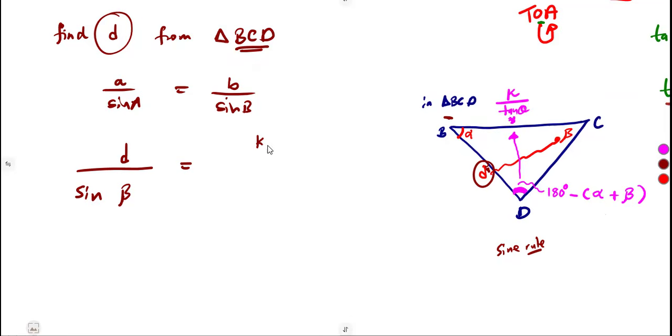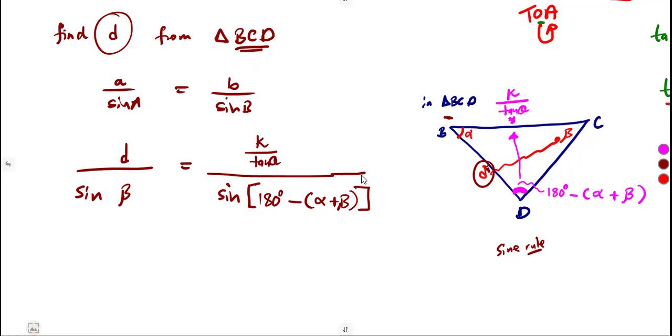So that's K over tan theta, over the corresponding sine of that angle, which is the sine of 180 degrees minus alpha plus beta. So that's our angle, this one.